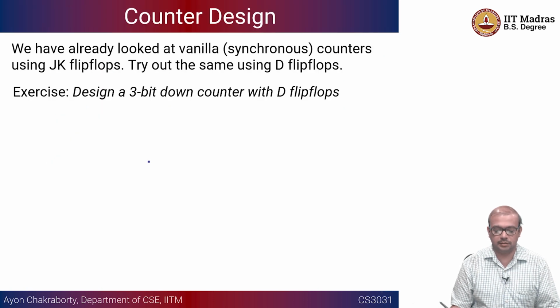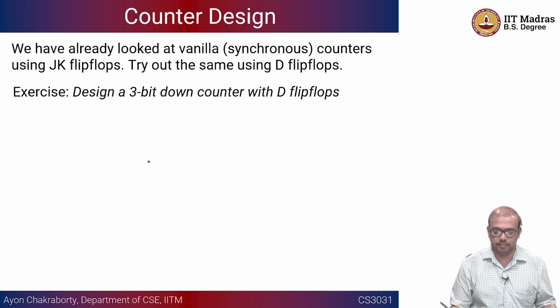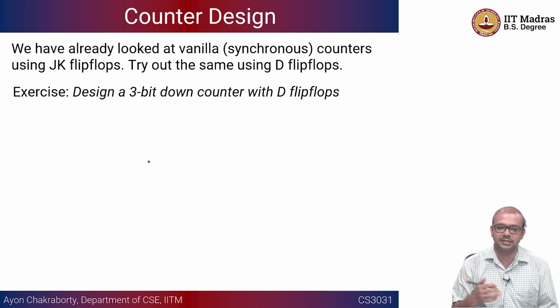Synchronous counter design, and we can always do this with a JK flip-flop as well as a D flip-flop. So D flip-flop, as you know, if you put a data D on the flip-flop, in the next clock pulse the output will be the same as the data. We have already studied set, reset, data, write enable.